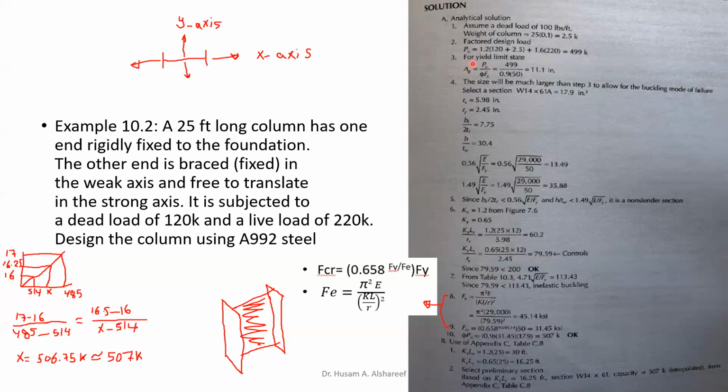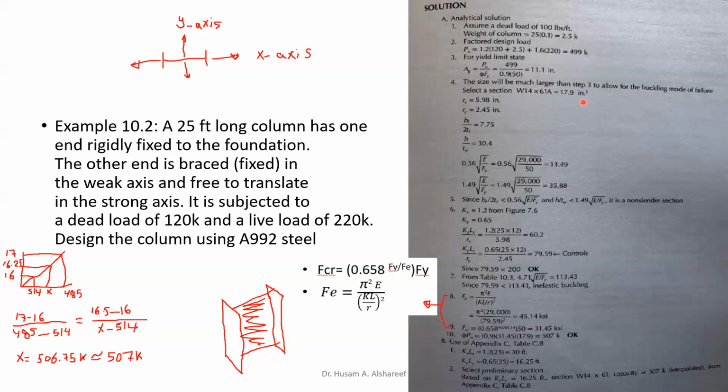The gross area is Pu over phi times Fy. So the 499 that we just found over 0.9, the phi, times 50, the Fy, and it gives me 11.1 in squared. That's the gross area where the column buckles at this load. So if we're going to design, we have to find a gross area larger than this that can bear more load.